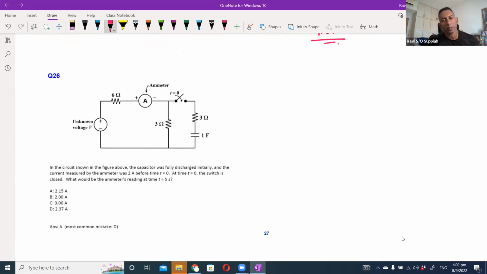Okay, so the first thing is we know that prior to t equals 0, the switch is open. So VC 0 minus is the same as VC 0 plus, which should be 0. At VC infinity, once the switch is closed, current will initially flow through the 2-3 ohm branches, but at steady state the capacitor will behave as an open circuit, which means the only pathway for the current is here.